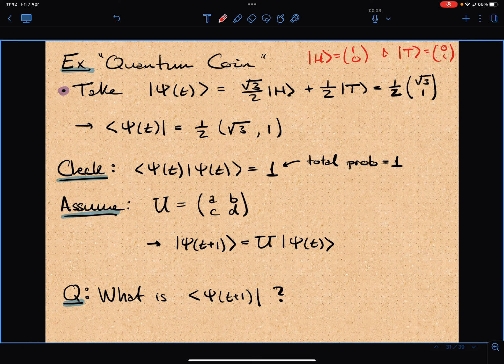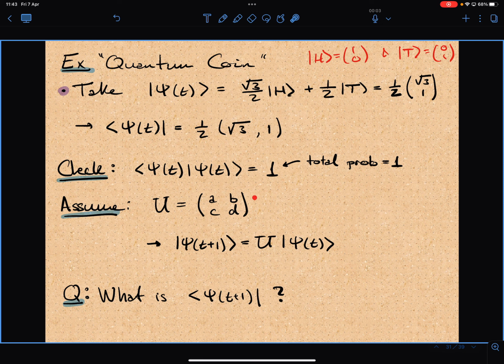I have to make this choice, and then I can write this equality. Then the dual vector is going to be this, the complex conjugate, where the complex conjugate of real things are real. And then you can check that the total probability is equal to 1.